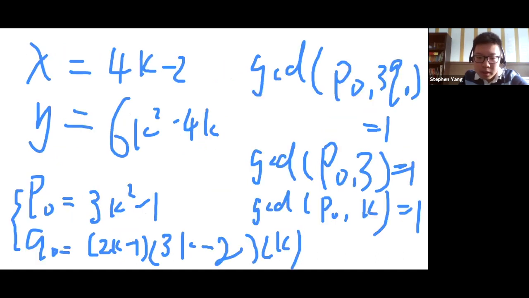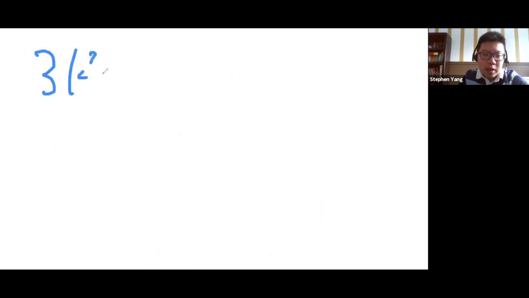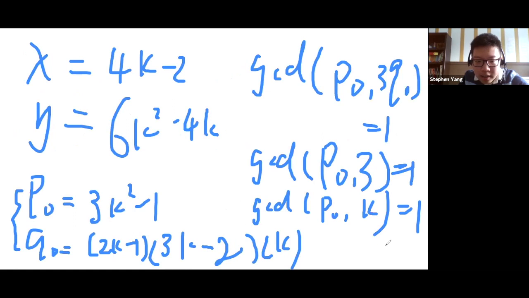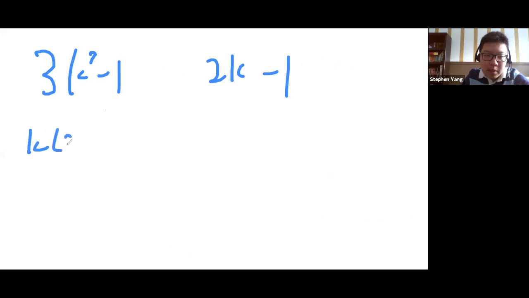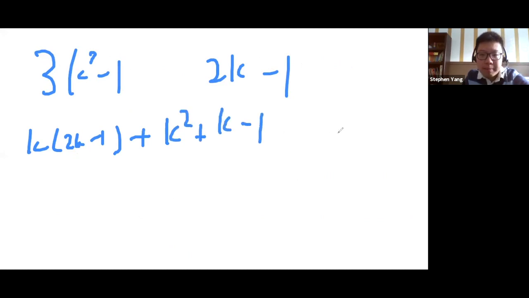Okay, so just one term left is now 3k squared minus 1 and 2k minus 1. This term is equal to k times 2k minus 1 plus k squared plus k minus 1, and this is 2k minus 1.